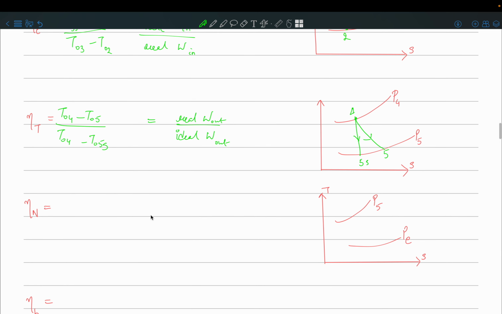In a nozzle you are increasing the kinetic energy, but the real kinetic energy increase is going to be lesser as compared to what is expected in the ideal case, right? Now what is the efficiency of the nozzle in terms of the temperature?